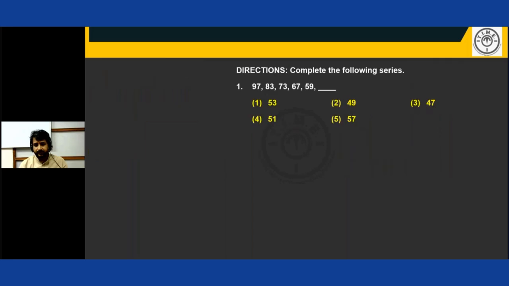First, we'll discuss missing number or next number, finding the next number in the series. Because in prelims, you will be asked to find the next number in the series, or the missing number in the series, or you may be given a wrong number in the series. Both models we will discuss.